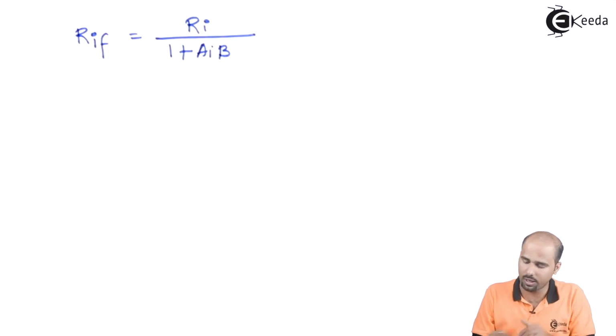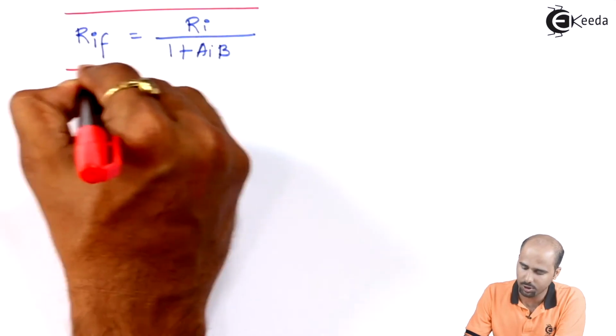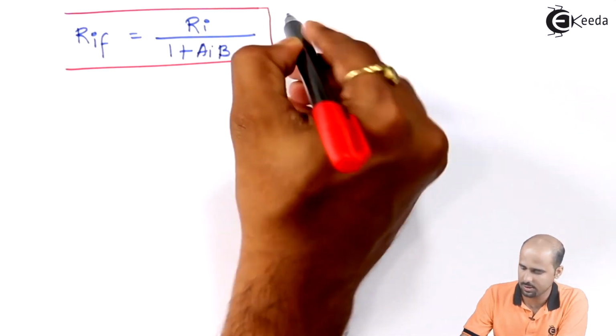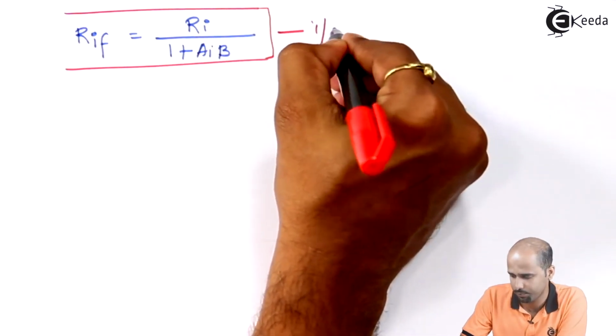This is the second formula that we have got as your input impedance with feedback.